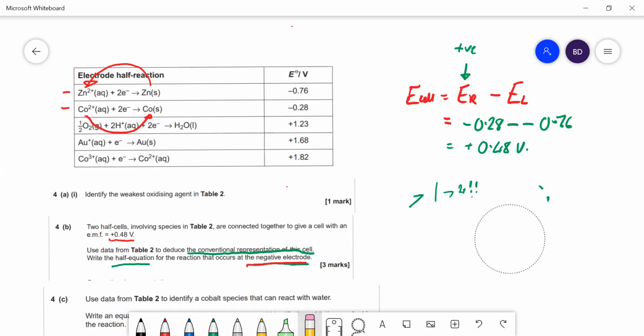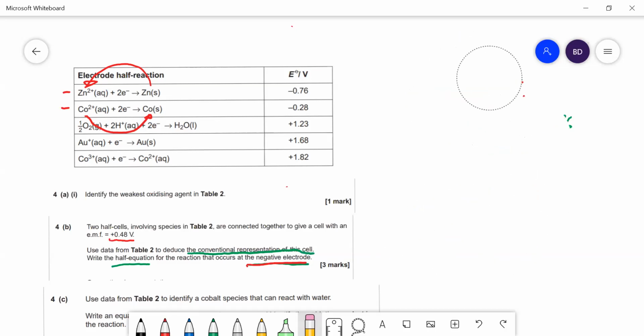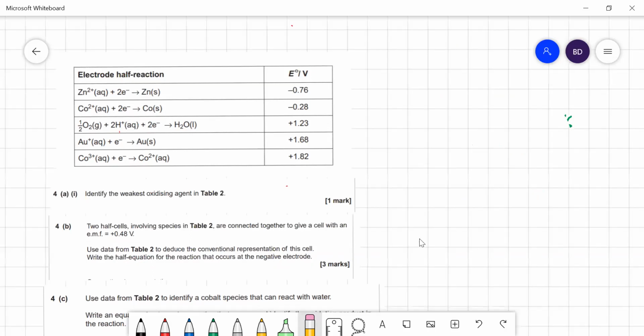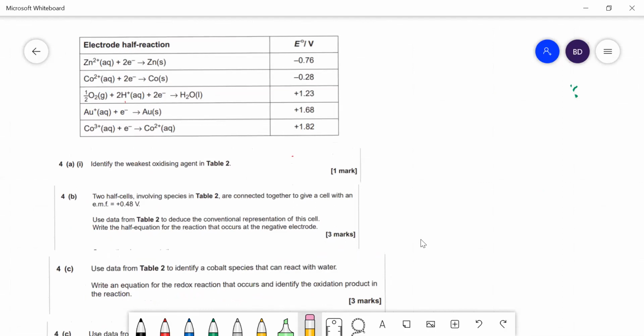Right, we'll move on. Use the data to identify a cobalt species that can react with water. Now, where have we got water in any of those equations?